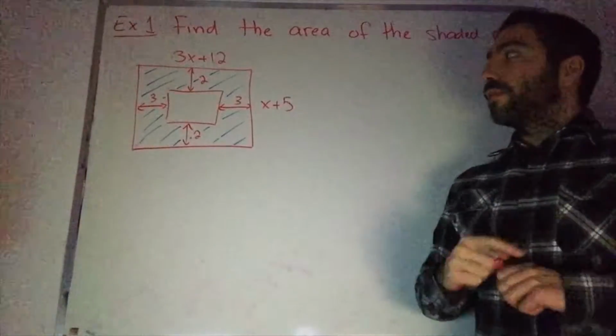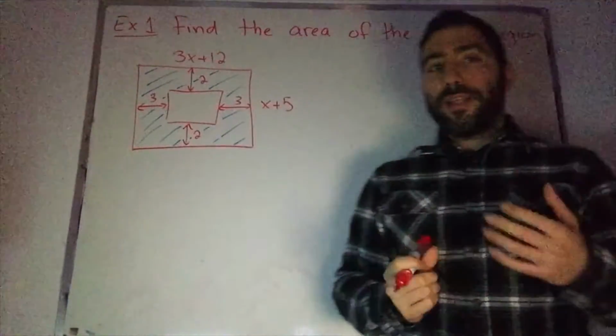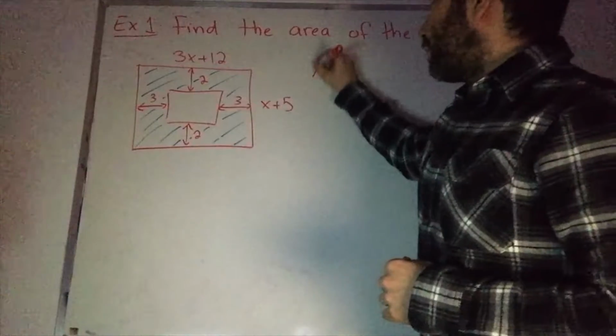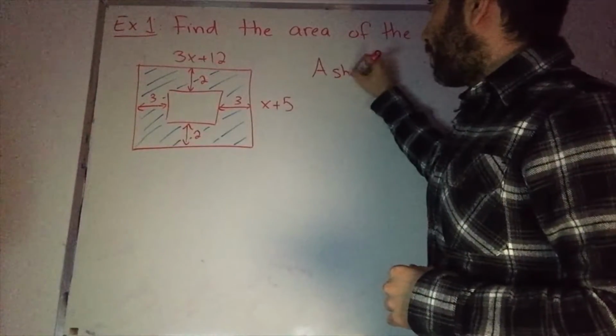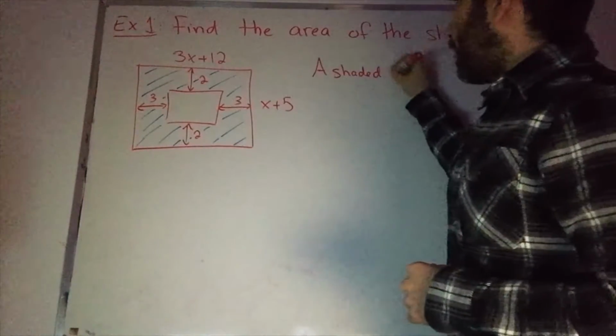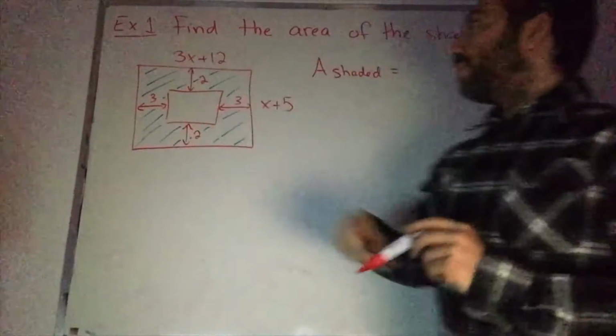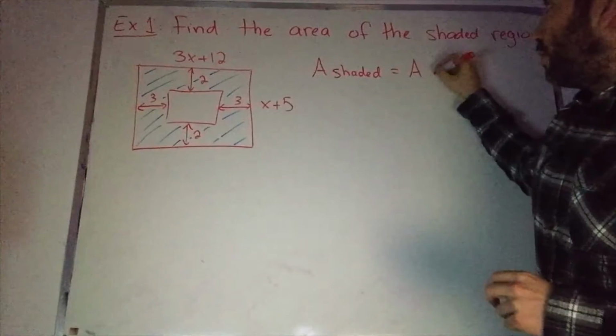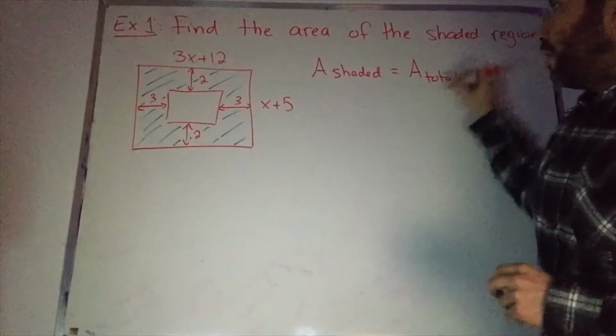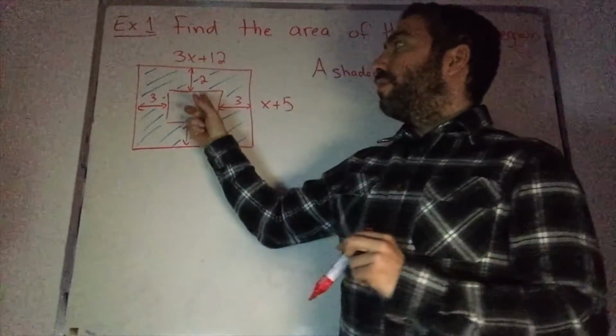This is very typical, so the game plan here, to find the area of the shaded region, what you have to do is find the area of the whole shape, area of total shape, and you have to essentially remove the middle piece.